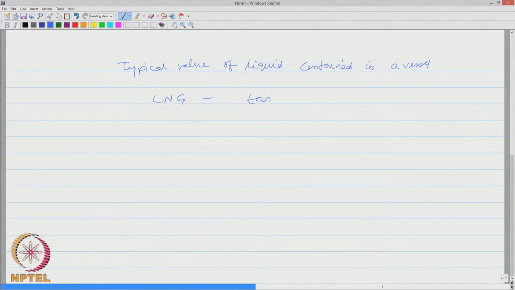Generally, the tanks or the tankers are designed to store LNG at a pressure of 250 psi, which is the working pressure. So, here we are talking about pressure vessels which deal with highly flammable liquids at a very high pressure.